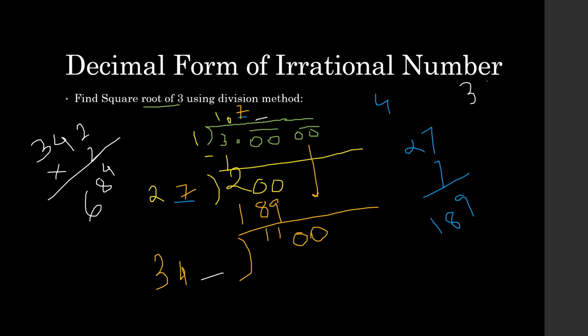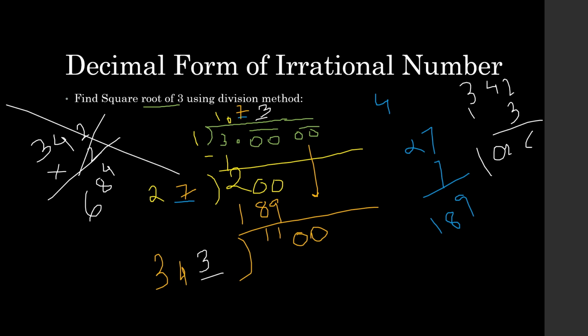Let us try 343 into 3. 3 3s are 9, 3 4s are 12, and 3 3s are 9 plus 1, 10. Yes, 1029. So 2 will not be there, 1 will not be there. I think 3 will be there, because if you multiply with 4, it will be greater than 1100. So the third digit will be 3. So 343 into 3 will give you 1029.